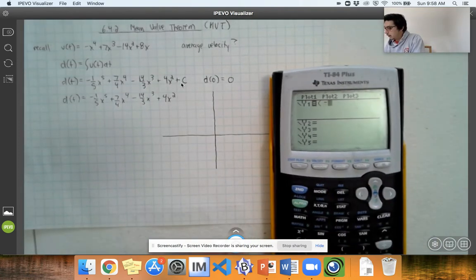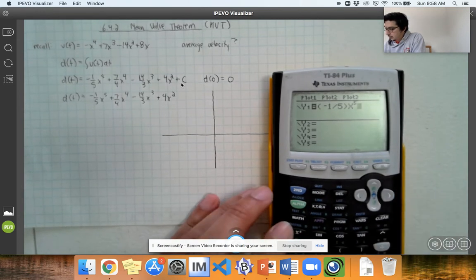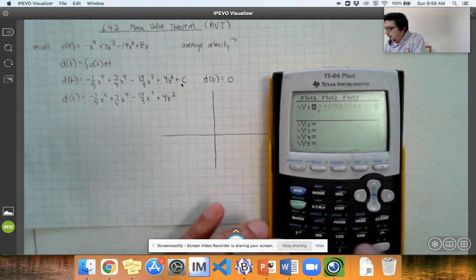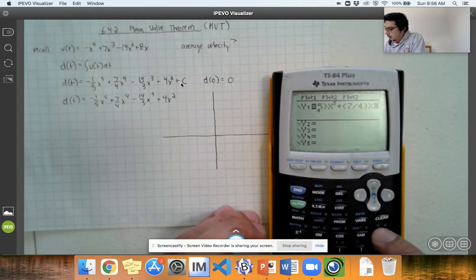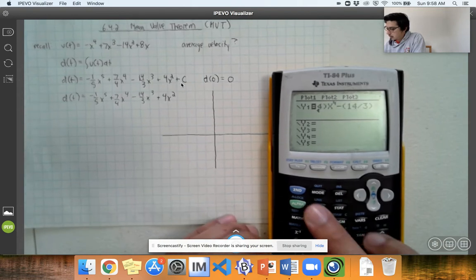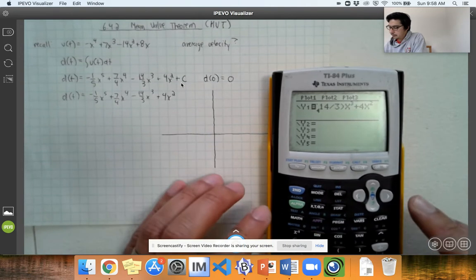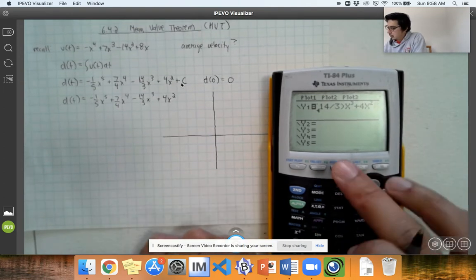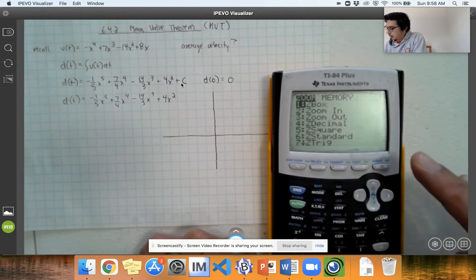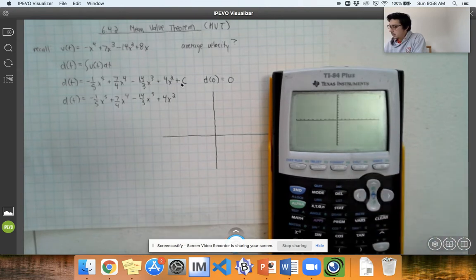So we have negative 1/5 x to the 5th plus 7/4 x to the 4th minus 14/3 x to the 3rd plus 4x squared. And I don't quite know what the graph's going to look like. Let's just try doing zoom standard, zoom 6.